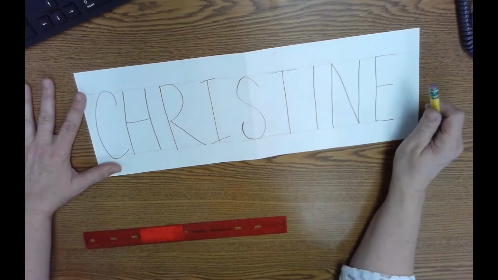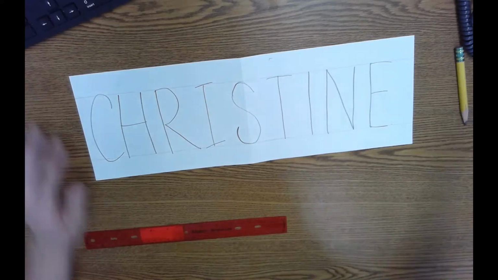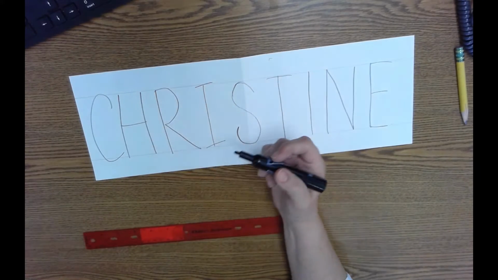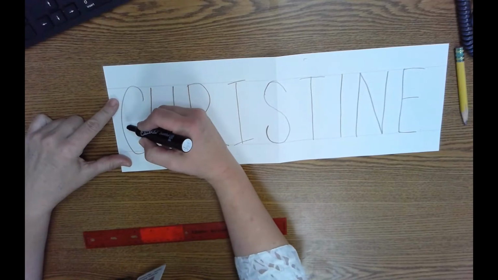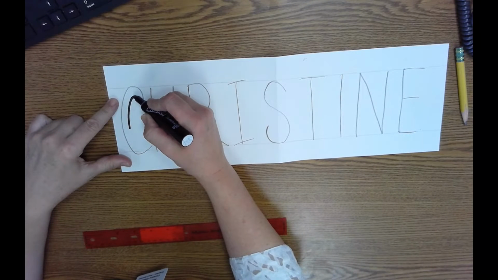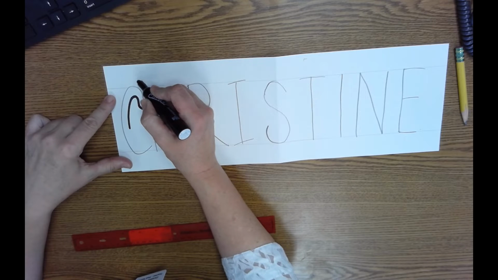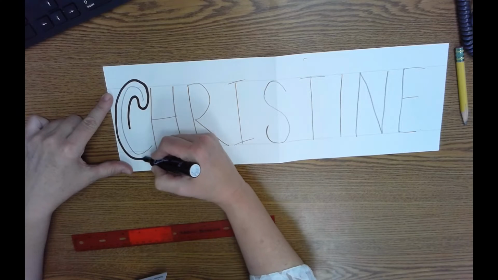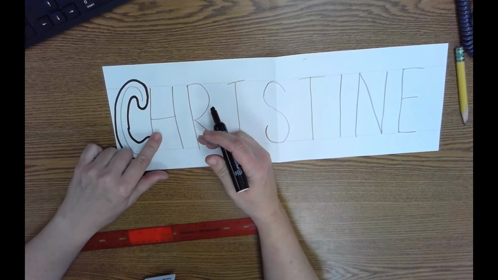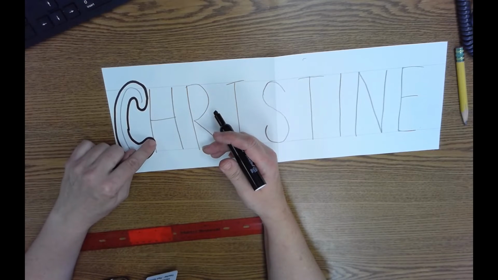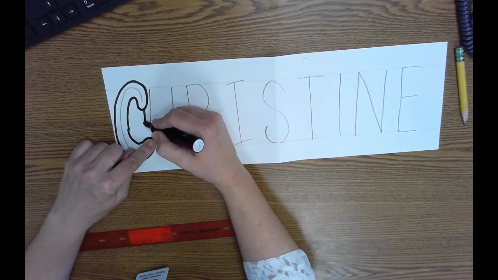All right, now you're going to take a black marker. It doesn't have to be a Sharpie, just a black marker. And what I want you to do is, starting on one side, you're going to bubble around each one of your letters. But we want them to overlap. So when I do this one, my C is overlapping the H, so when I bubble around it, I'm going to come down.